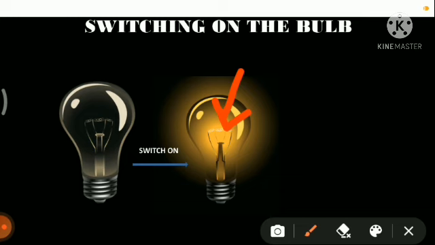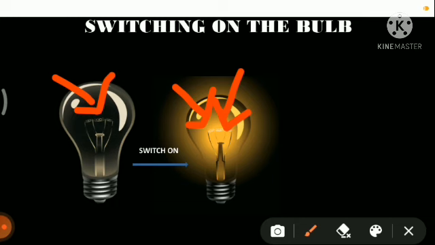Earlier the bulb was not giving us any light, now it is. Earlier the filament was not glowing, and here it is glowing due to the passing of electricity, and we are getting light. But the substance, that is the shape of the bulb, is all the same. Only the appearance is changing.